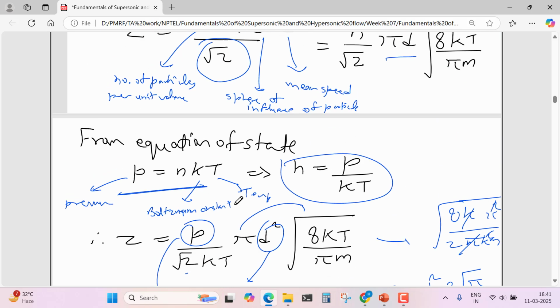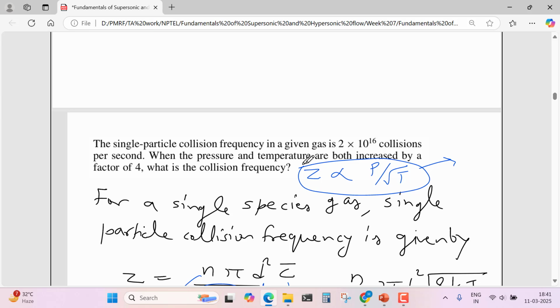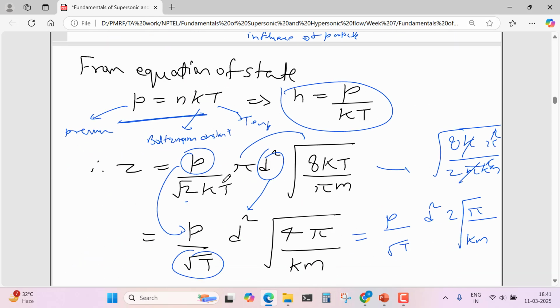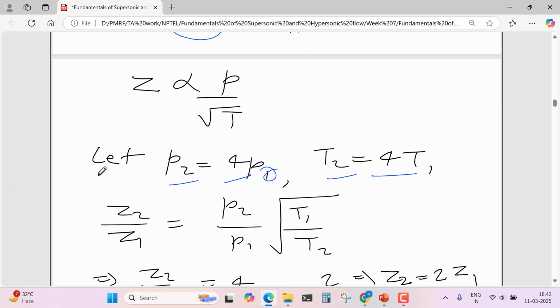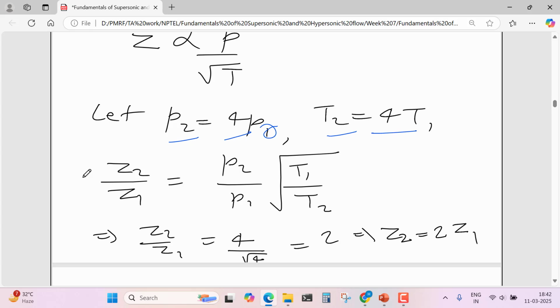In the problem, it is given that pressure and temperature are both increased by a factor of 4. Let's say initially pressure was P1 and temperature was T1, and later they are increased by a factor of 4, so pressure P2 becomes 4P1 and temperature T2 becomes 4T1. If we take the ratio of the collision frequencies, then Z2 upon Z1 equal to P2 upon P1 under root T1 upon T2.